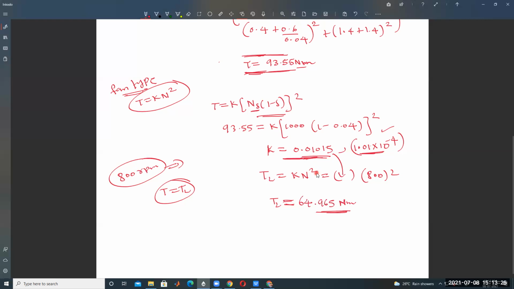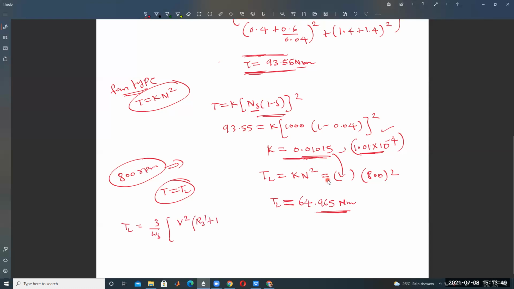Here under equilibrium condition, T is equal to TL. Same as previous problem. So here load torque TL is equal to 3 divided by omega s into V squared. Tell me this formula.